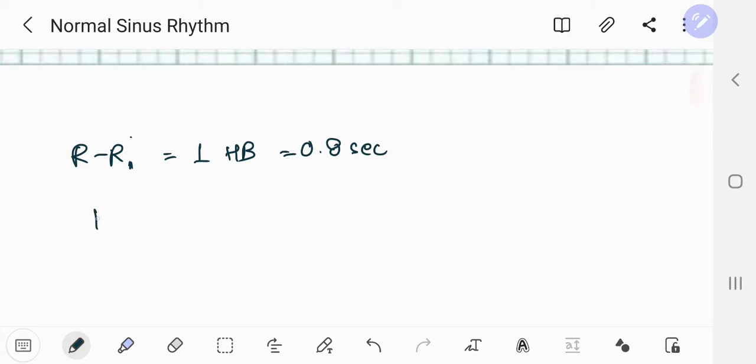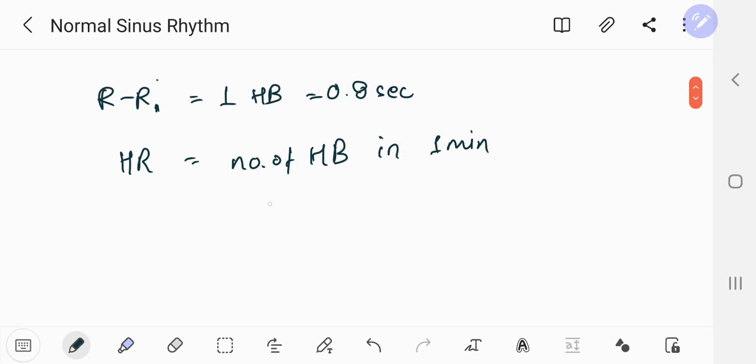Now, heart rate is equal to the number of heartbeats in 1 minute, that is 60 seconds. That means the number of RR intervals in 60 seconds.